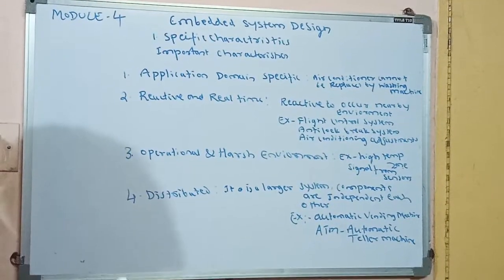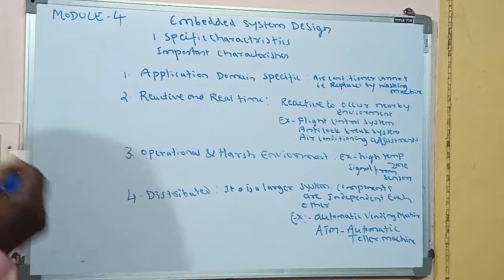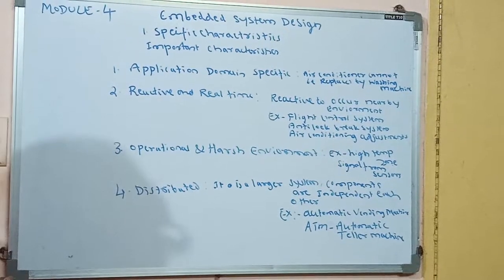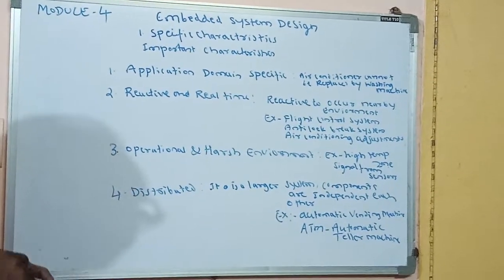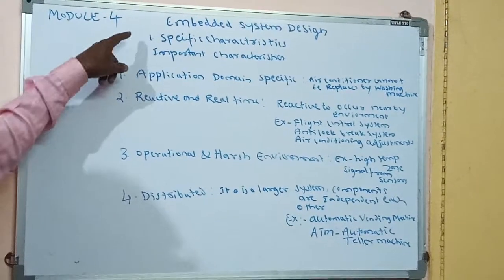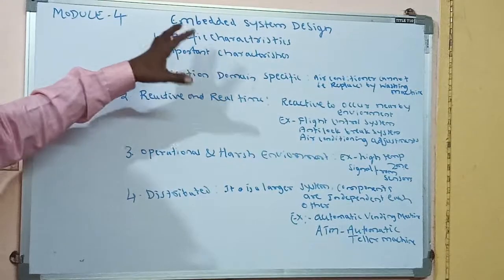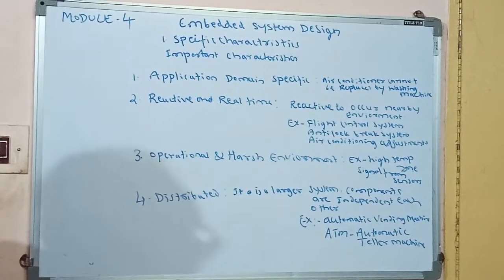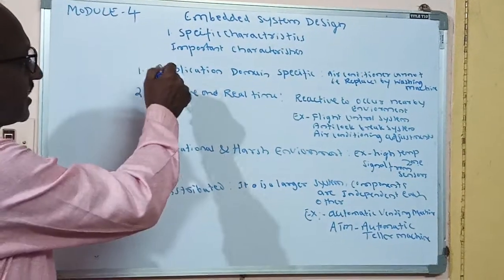Nowadays they are introduced in almost all systems, such as a washing machine as well as a microwave oven. These are very few examples of embedded systems. These are meant for specific applications, with a specific design. It is not a general purpose design.